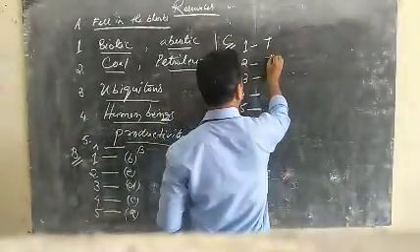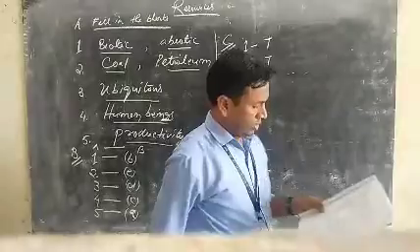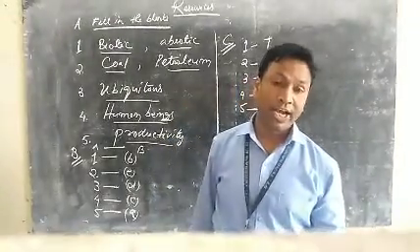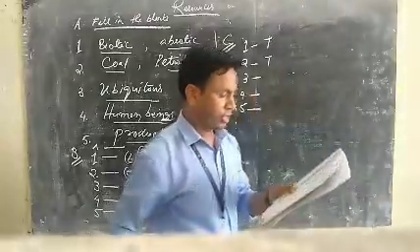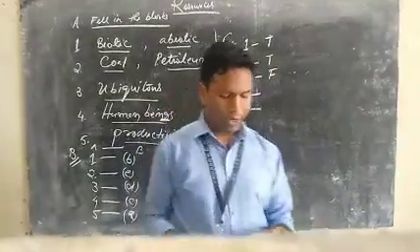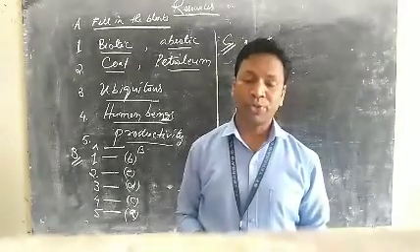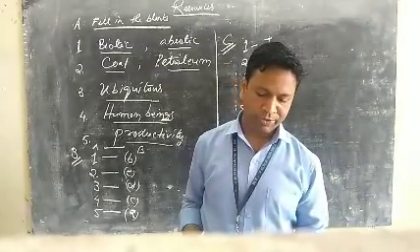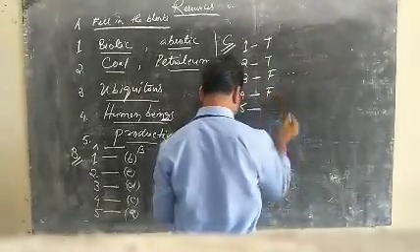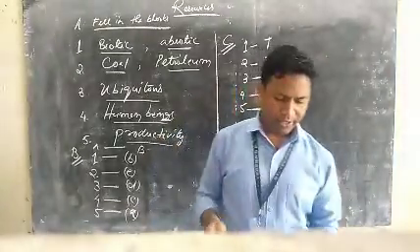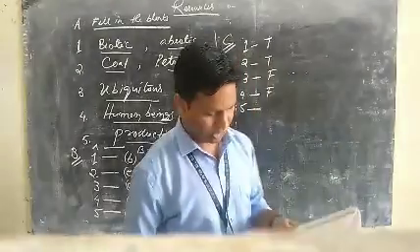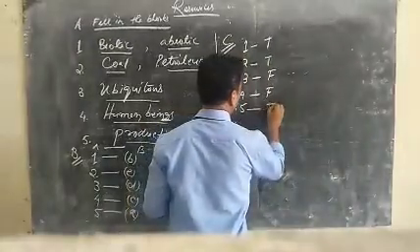Third: air and sunlight are examples of localized resources. So it is false. Number 4: renewable resources are also known as exhaustible resources. So false. Number 5: biotic resources are obtained from living things. So this is also false.